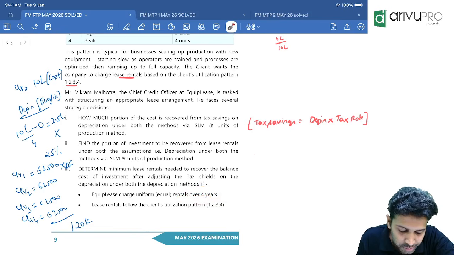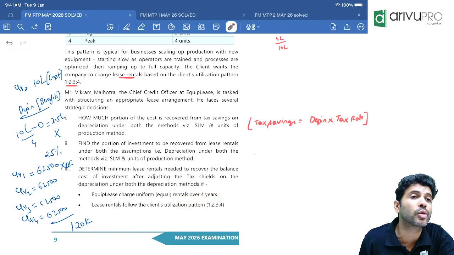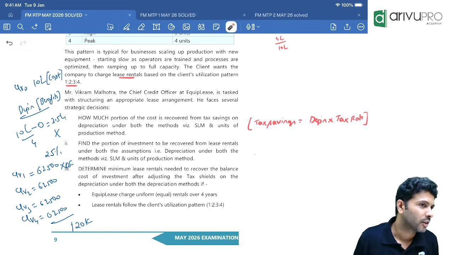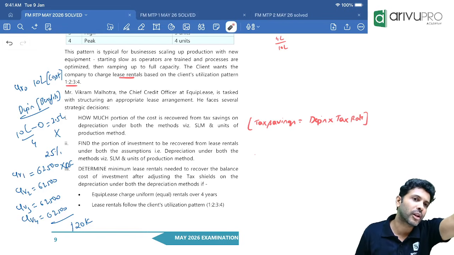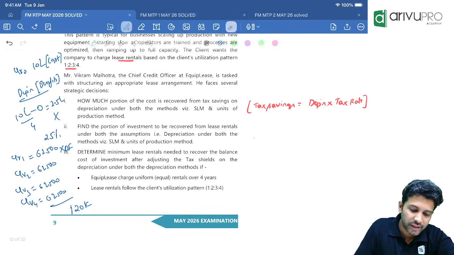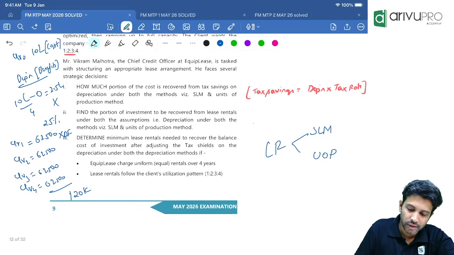Or in the second case, lease rental follows the client's utilization pattern, that is 1:2:3:4. So there are 4 cases. Can you tell me what those are? Lease rental can be charged on an equal basis or on units of production. This is case number 1.